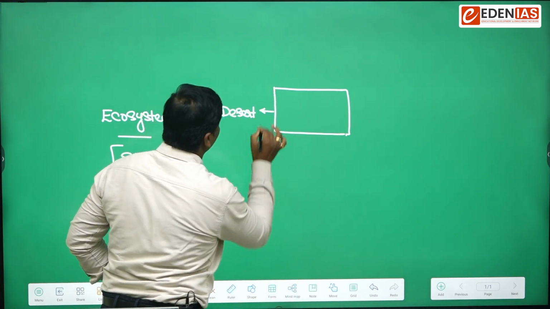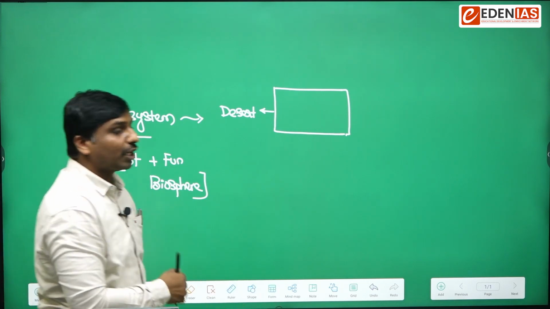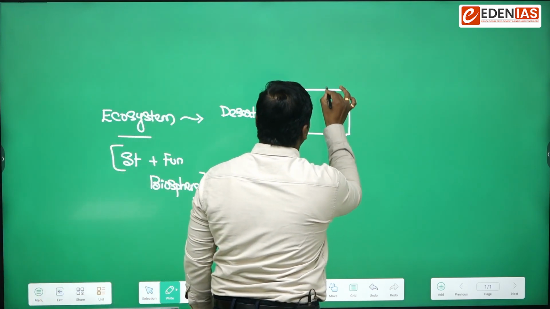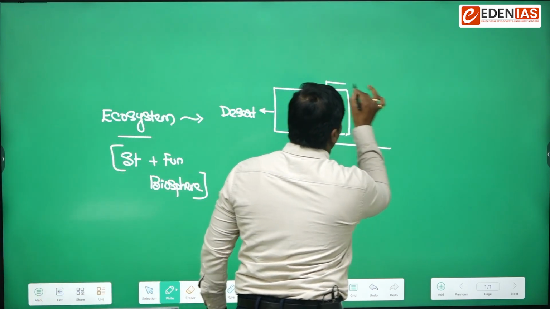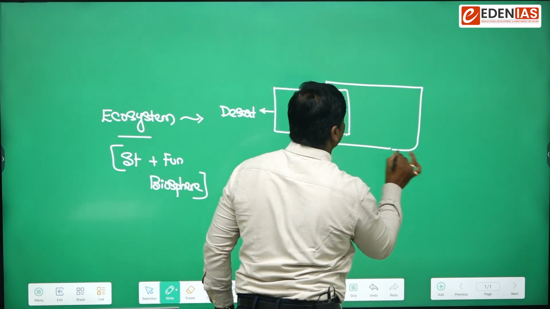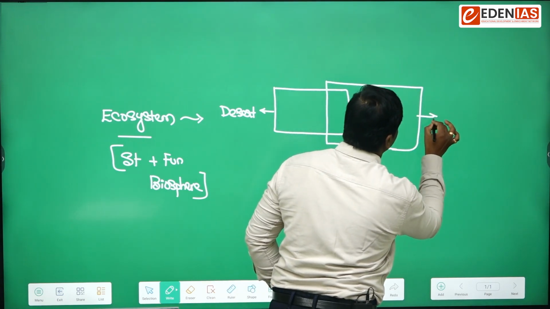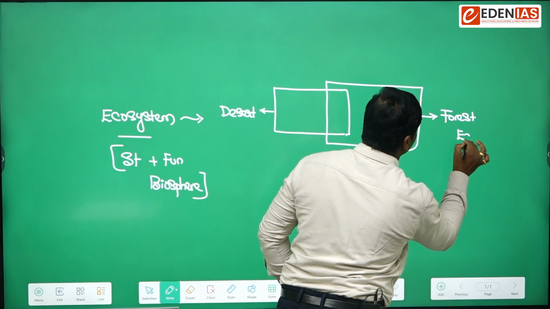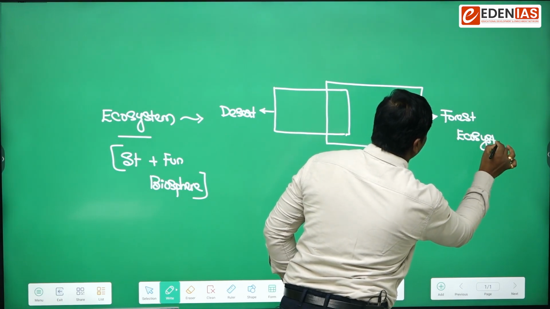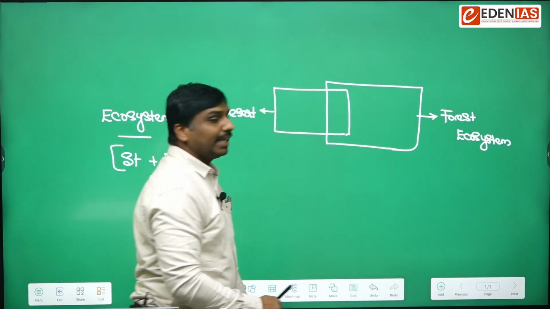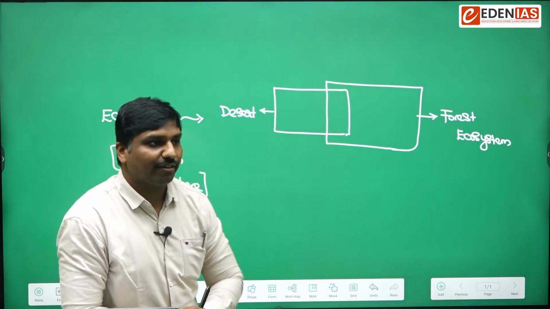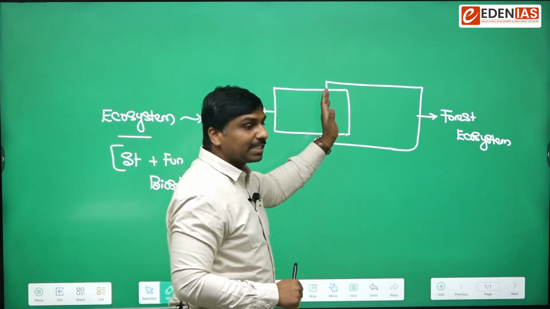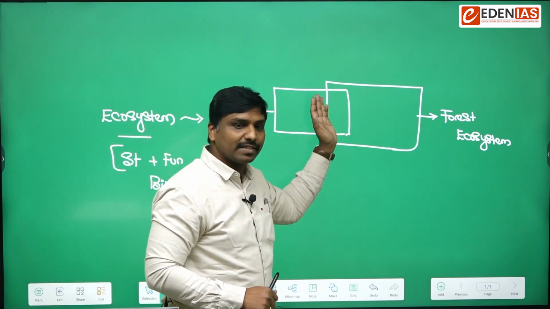So desert as an ecosystem, and let us assume there is another ecosystem, let's say the forest ecosystem. Can you see the intersection portion where the desert ecosystem is getting merged with the forest ecosystem?